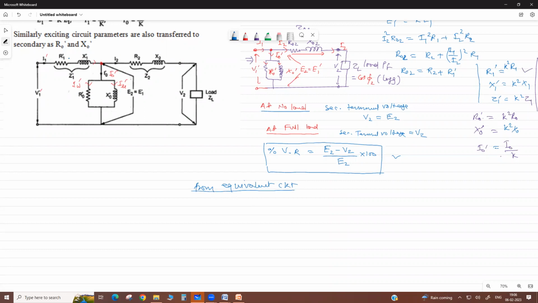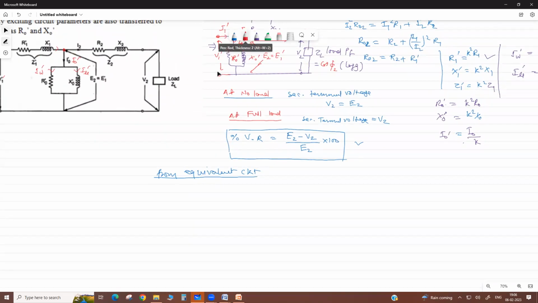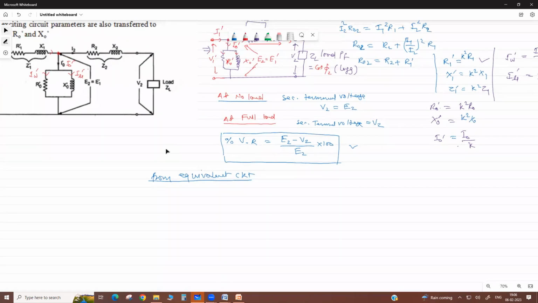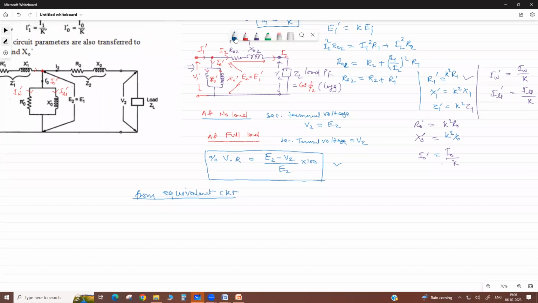We take V2 as the reference voltage, the reference phasor, at 0.